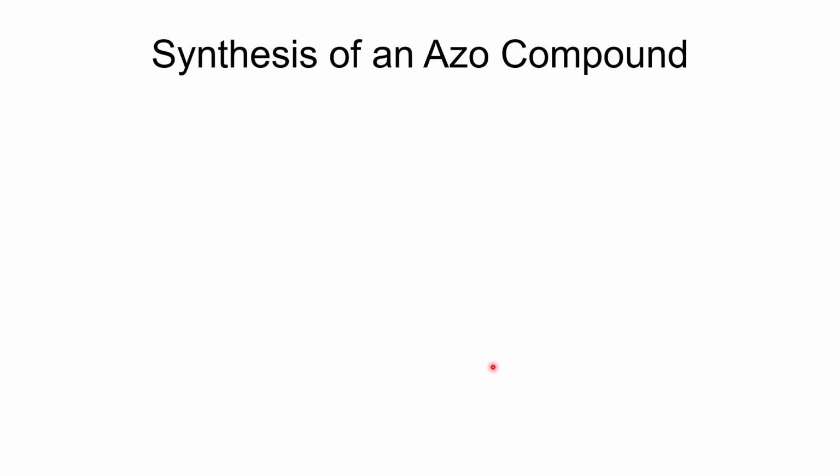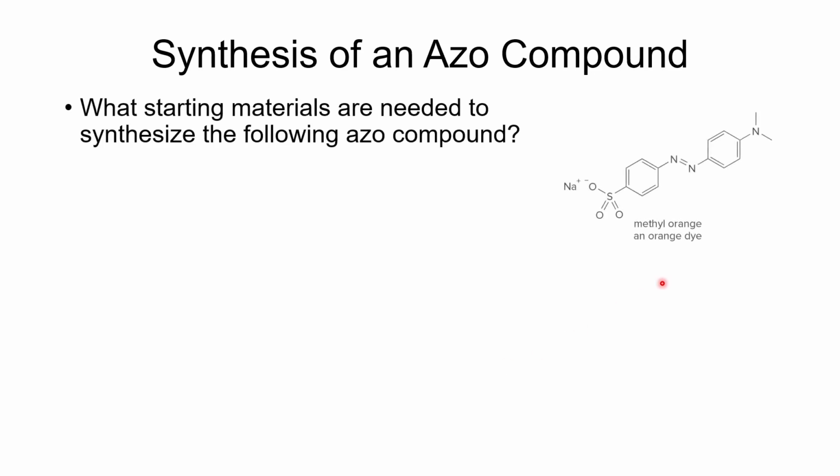All right, so when we're doing synthesis of an azo compound, let's look at an example. What do we need to do to make this particular azo compound? We find our azo group, our nitrogens here, and then find the aromatic ring that has the strongly electron donating group. That means this particular bond is the new bond that we made in the azo coupling.